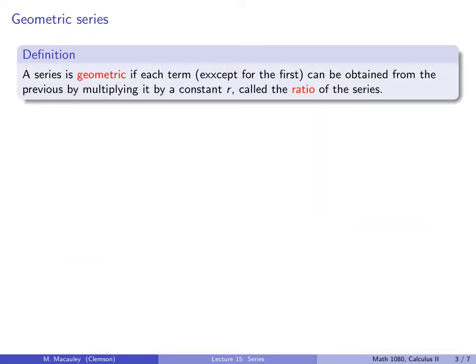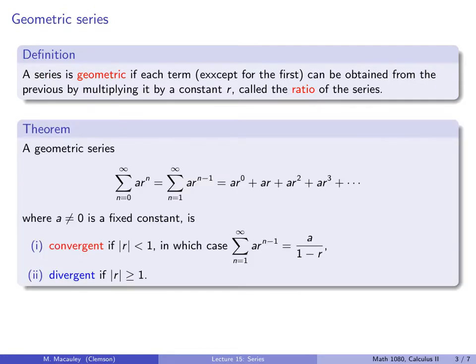Okay, so formally, a series is geometric if each term except for the first can be obtained from the previous by multiplying it by a constant called the ratio of the series. So a geometric series has the following form.